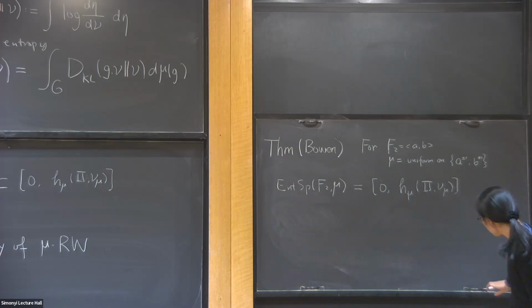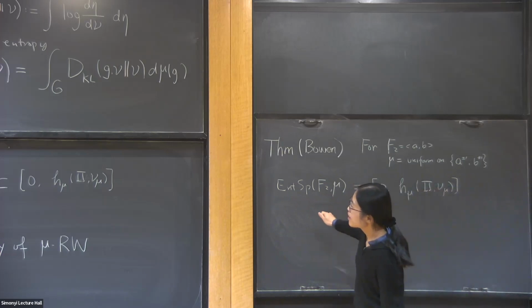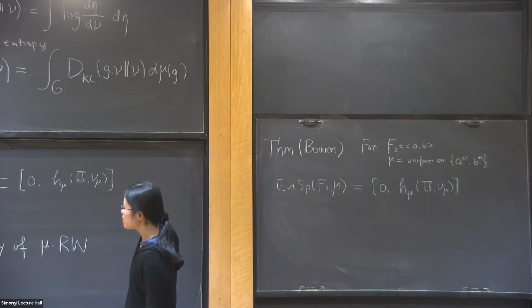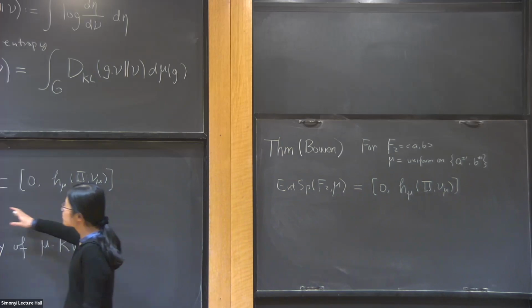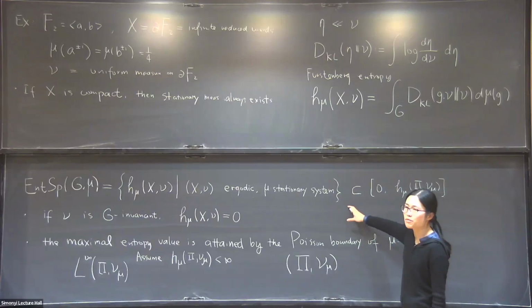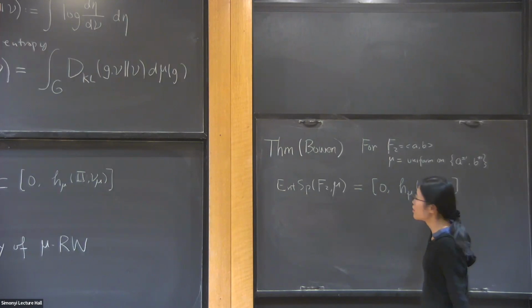And so the proof of this was kind of surprising at the time. Because when you look at this question, the first idea might be to look at quotients of the Poisson boundary and see what numbers you can get. It turns out to be quite challenging to fill the whole interval with the quotients of the Poisson boundary.